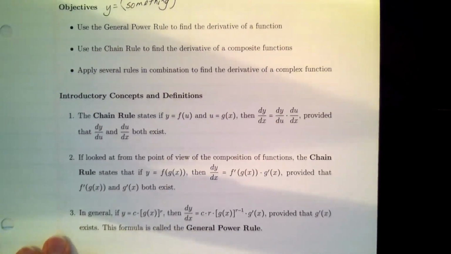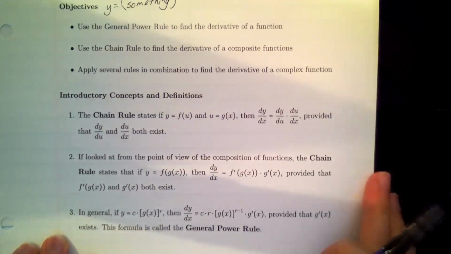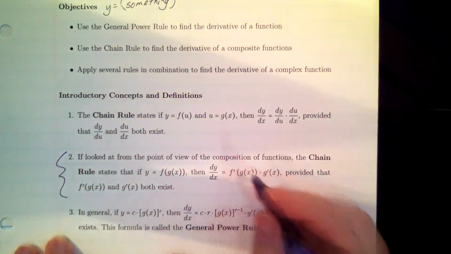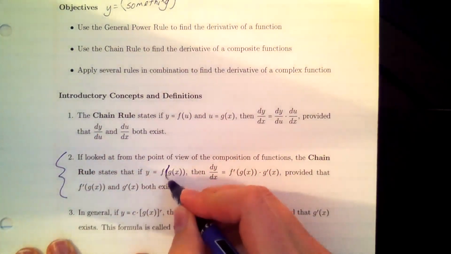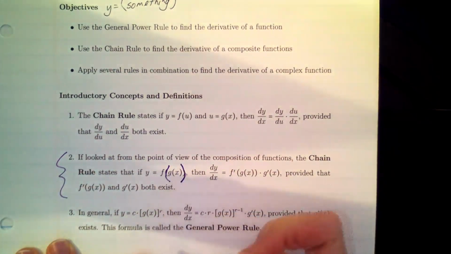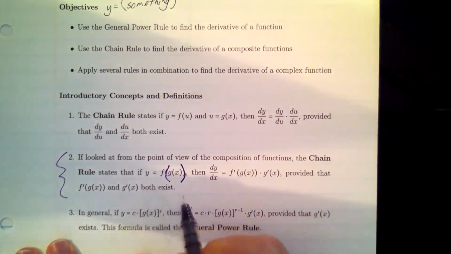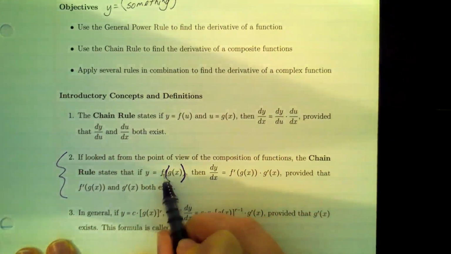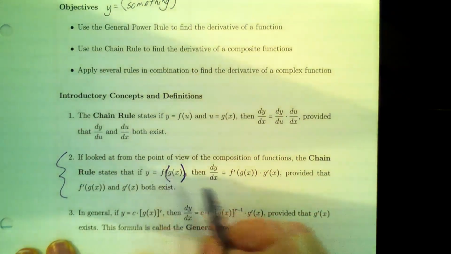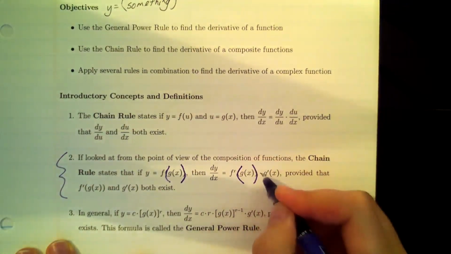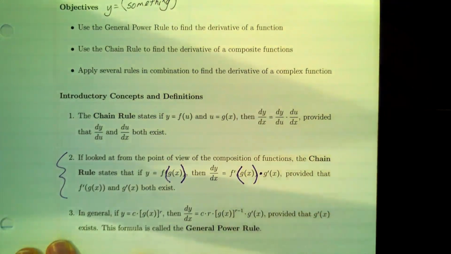If we scooch down here to the definitions, I want to look at part 2 real quick. This is the very broad chain rule that says that when you have a composition of two functions, say you have a function f right here, and I have a function g plugged into it, then the derivative rule that you use, called the chain rule, is you take the derivative of the outside function f prime, leave the inside alone, but then you have to multiply by the derivative of the inside function.